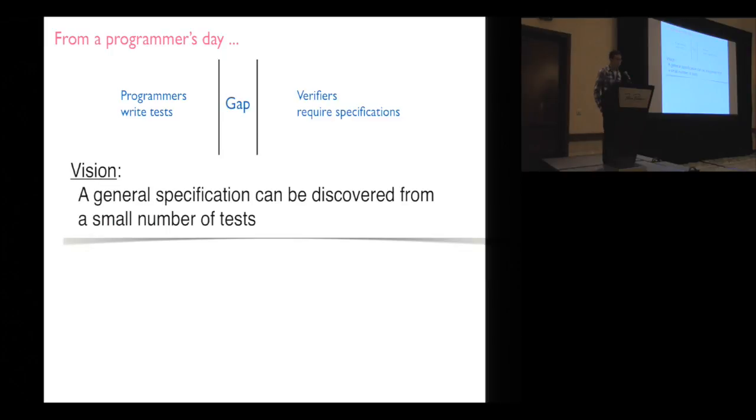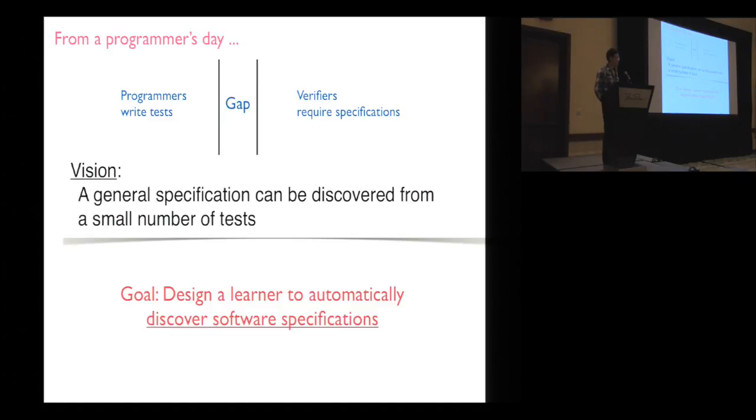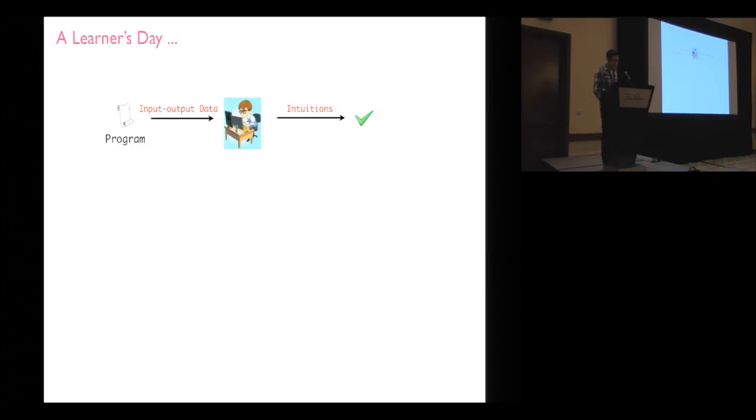Specification can usually be discovered from tests. We want a tool that can automatically discover software specifications from tests, using an algorithm instead of a programmer to ensure formal specifications are understood and verified.